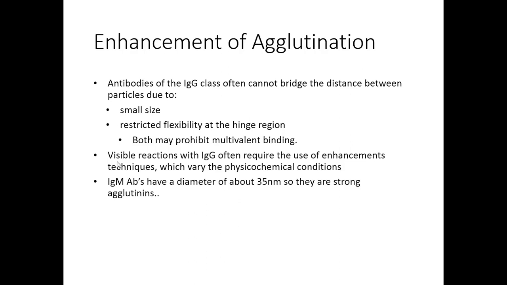IgM is a pentamer, so it's a large molecule with a pretty good stretch in its hinge region, whereas IgG, small, has a somewhat restricted flexibility at the hinge region, and both of these things can lead to some lack of multivalent binding and agglutination.